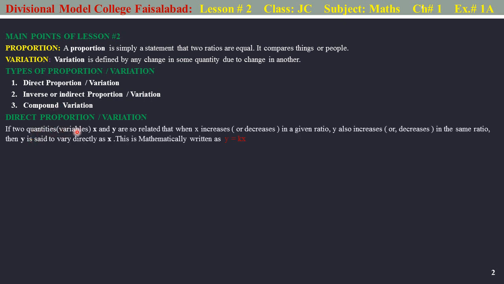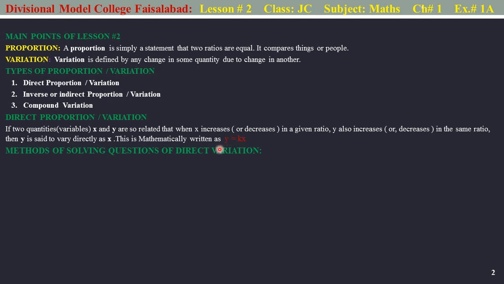If two quantities x and y are so related that when x increases or decreases in a given ratio, y also increases in the same ratio, then y is said to vary directly as x. This statement is written in mathematical form as y is equal to kx. We use this relation to find the unknown quantities x or y.